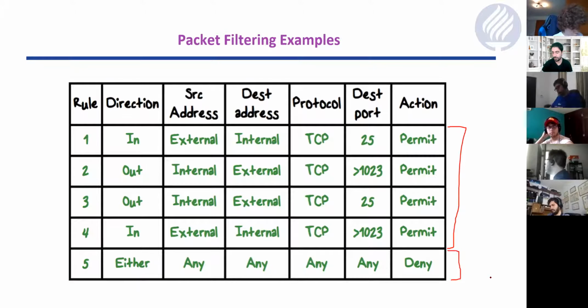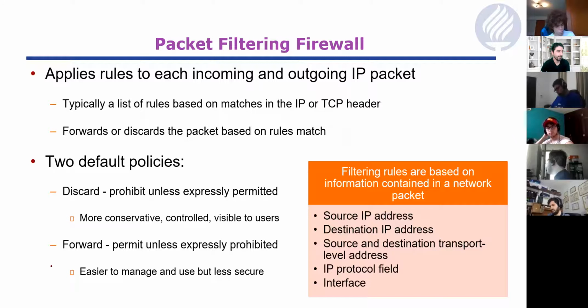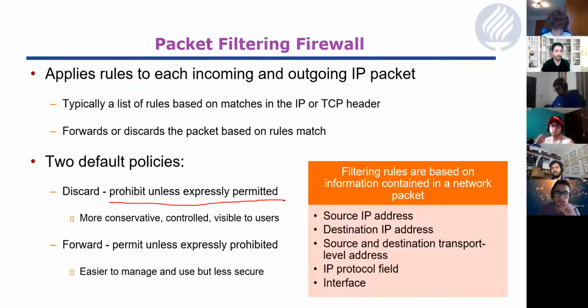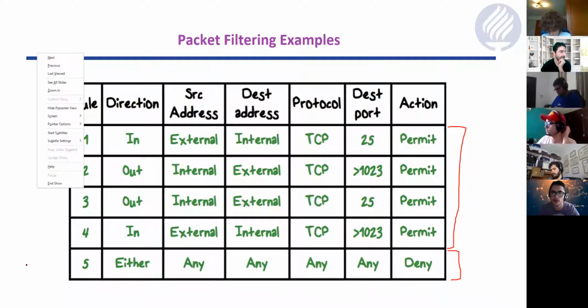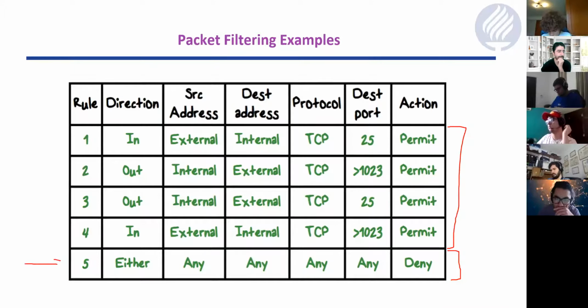So this is a discard way, because you just allow, or you prohibit all except expressly permitted. Basically you just allow those that you want to pass through, okay? And you discard anything that doesn't fit in this category. So you're discarding everything else. So it's like a discard policy.